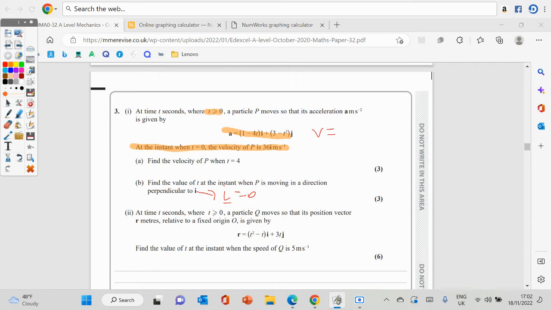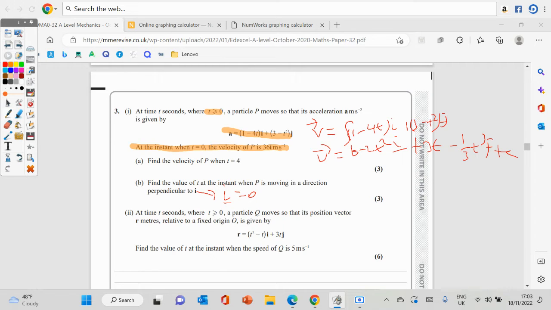So v is the integral of 1 minus 4t i plus 3 minus t squared j. So v is t minus 2t squared in the i plus 3t minus a third t cubed j plus some constant c.